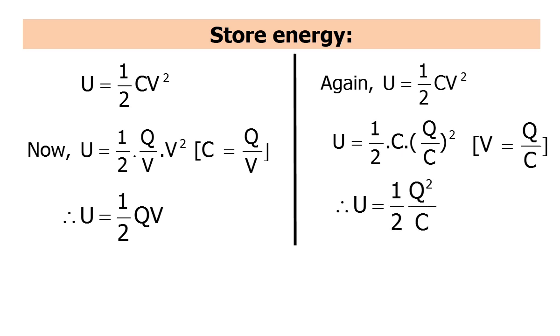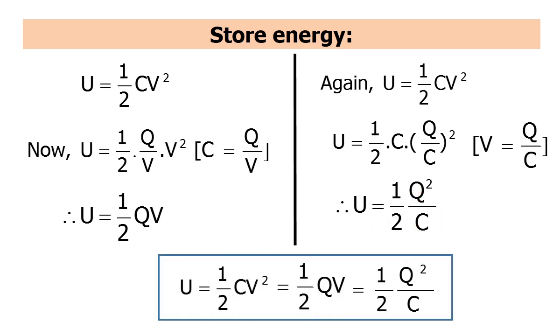After calculation, we will get the formula of stored energy, U equal to half Q square by C. So if you want to write all the formulas of stored energy at once, we get U equal to half C V square equal to half Q V equal to half Q square by C. These three are the formulas to calculate the stored energy.